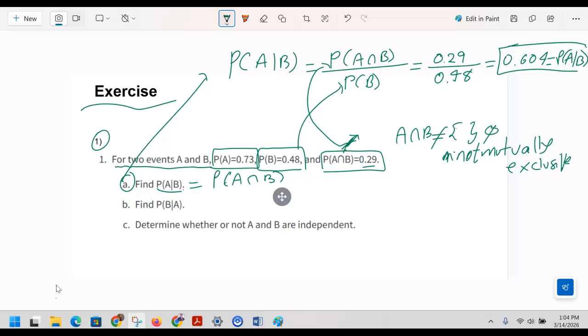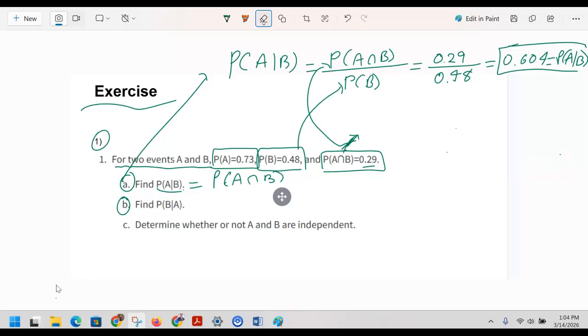Next is question B. Find the probability of B when A occurred.